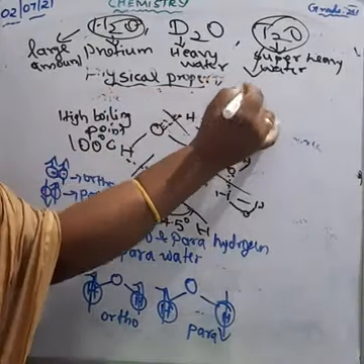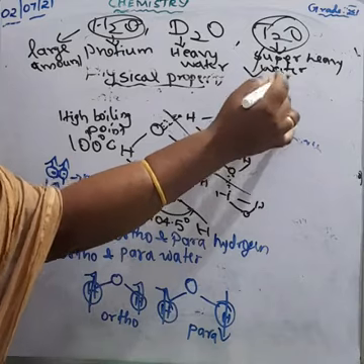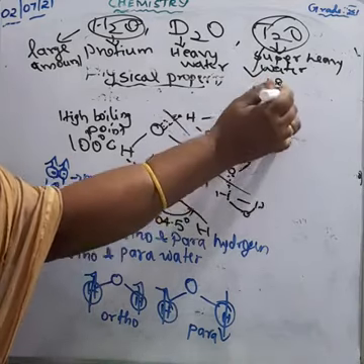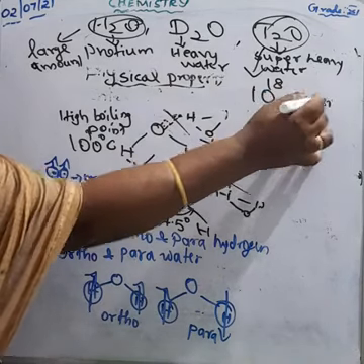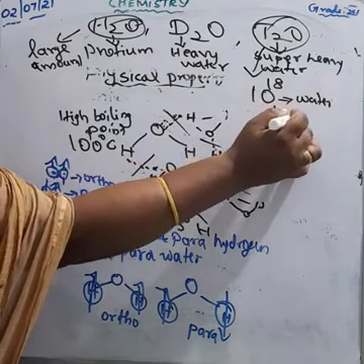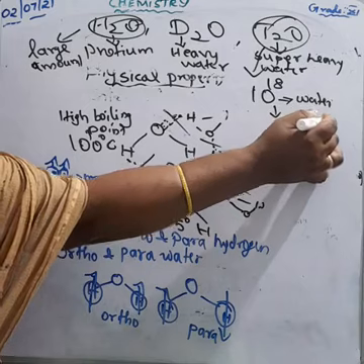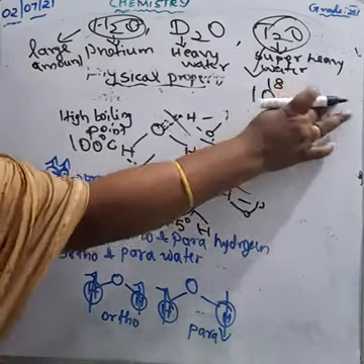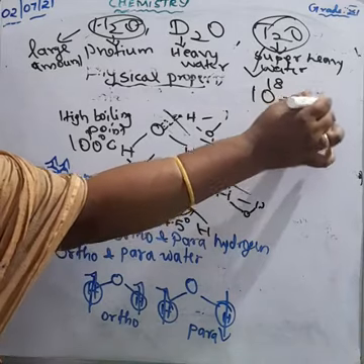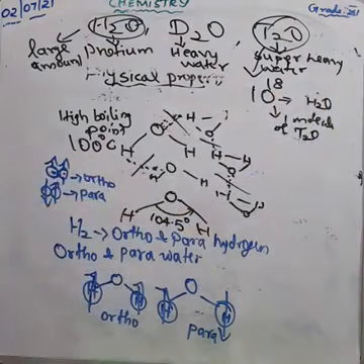That means 10 power 18 ordinary water molecules contain 1 molecule of tritium water, T2O. Understood? Some other properties are listed here. If you have interest, you can read these properties.